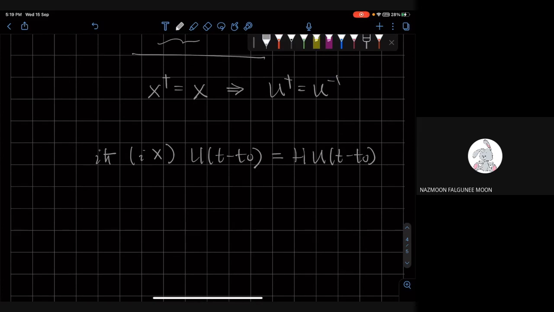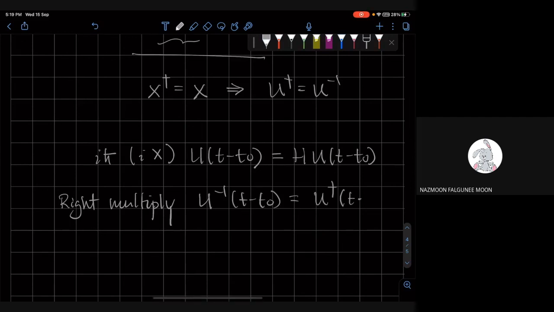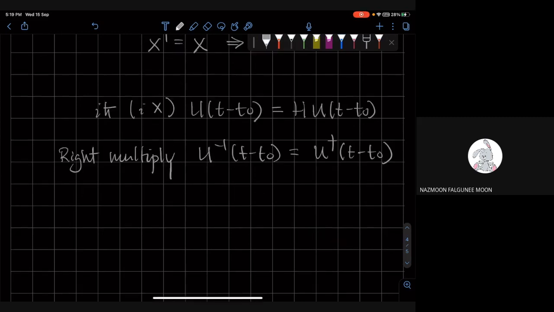Now we can multiply this equation with U inverse of t minus t0, which is the same as U dagger of t minus t0. If I do that, then I get minus h bar X is equal to H.